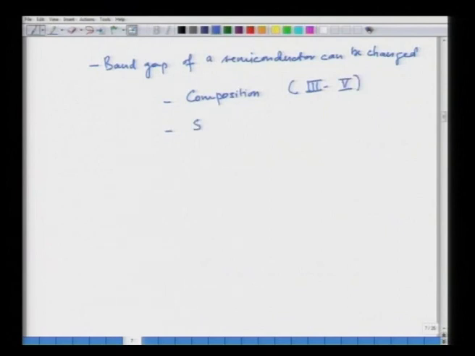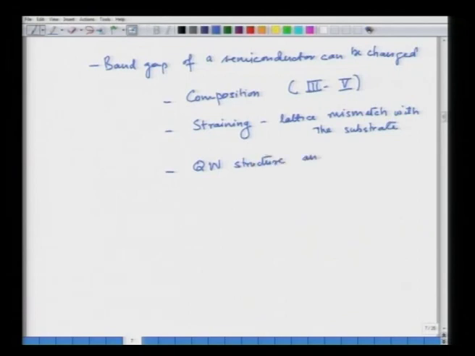We can change its structure by straining the material, and this is possible in lattice mismatch with the substrate. Finally, we can create quantum well structures and modify the electronic structure of the material.